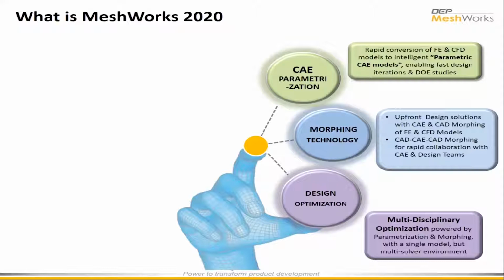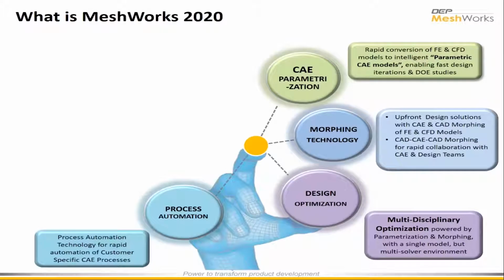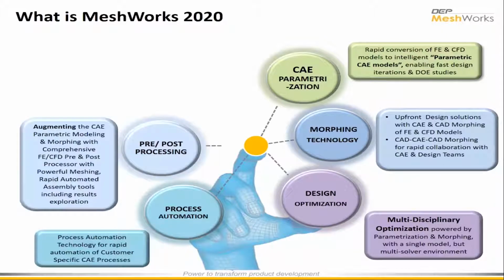With our design optimization capabilities, we will be providing models for multi-solvers. With one model being the startup, we can parameterize and generate a lot of DOE studies with the help of MeshWorks. MeshWorks also offers a process automation capability, which helps the user to automate their day-to-day work, and it helps to save 70 to 80% of their time.